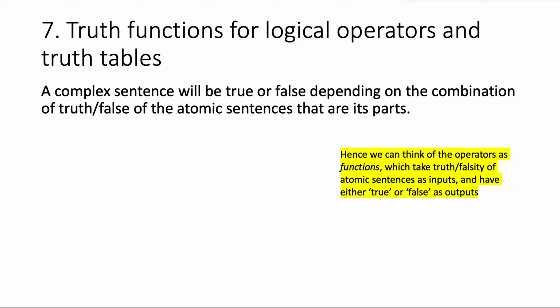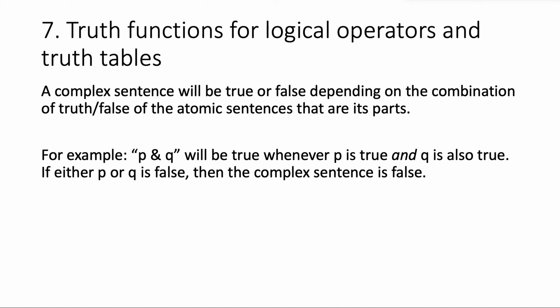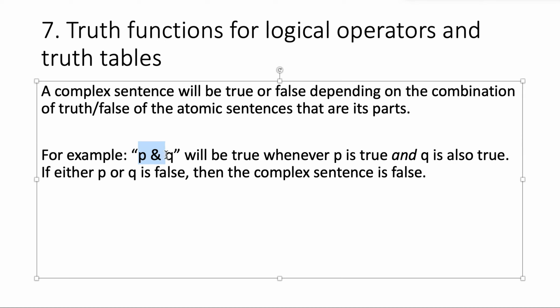Okay, we need an example, I think, to make this a little bit more concrete. Here's an example. The sentence P and Q. It's a complex sentence. Why? Because it has atomic sentences that are its parts. This sentence, P and Q, will be true whenever P is true and Q is also true. If either P or Q is false, then the complex sentence is itself false.